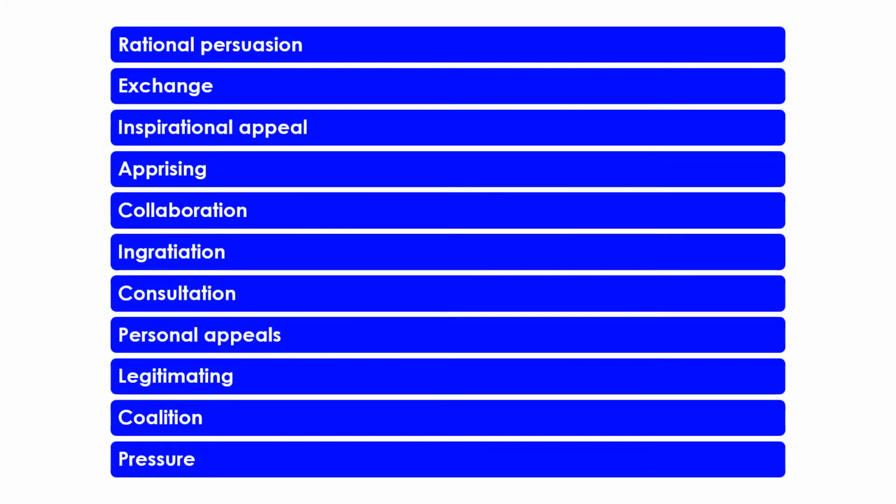Here are the 11 influence tactics investigated by the authors. Rational persuasion involves using logical argument and explanations to persuade you. Exchange tactic is characterized by the offer of rewards for performing a favor or complying with a request. If you do A, then I'll return B to you.